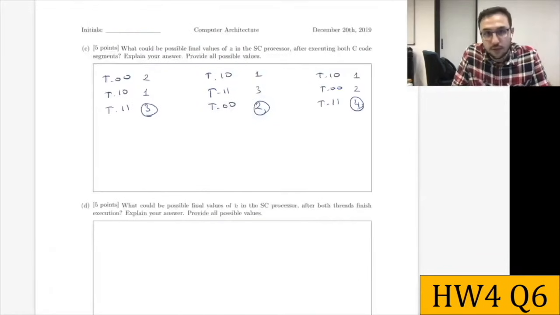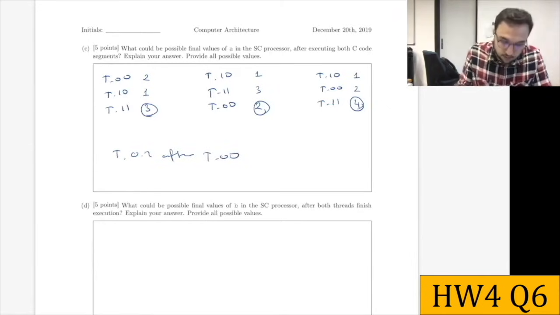Here, T0.2 has to come after T00. Therefore, T0.2 can get into here, here, here, here, here, and here.